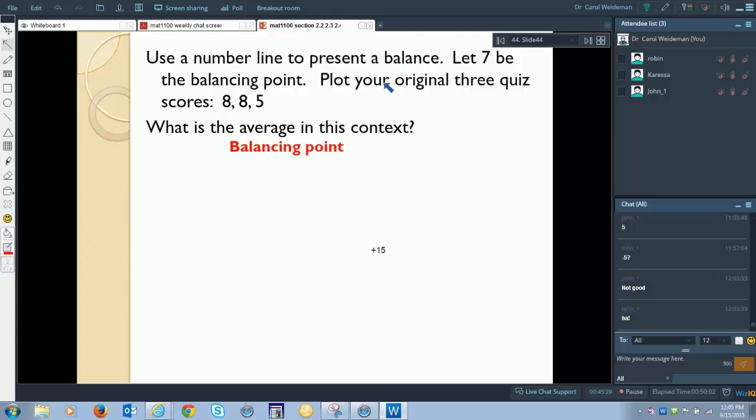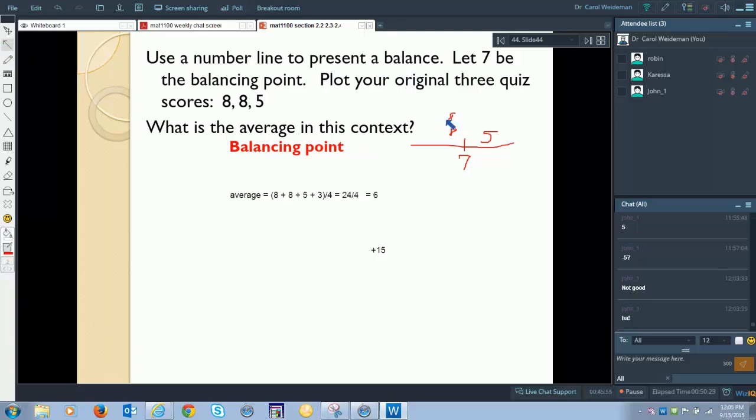And then let's get back to that balancing point idea. So if you had a 7 on the balance point, let's see if I can sketch it for you. So basically what you're saying is, here's your balance point. So you have a 7, and then what did you have? You had an 8, and an 8, and you had a 5.